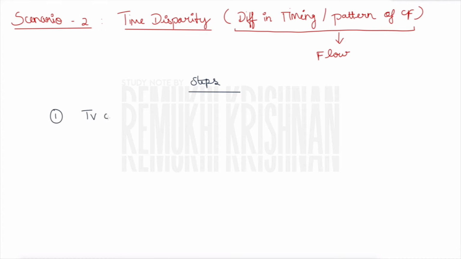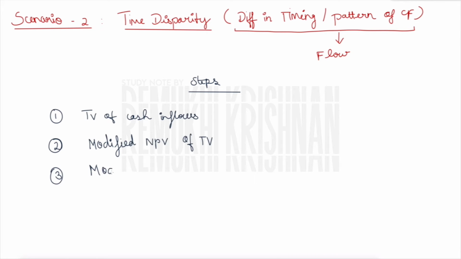So the first step here is that the terminal value of cash inflows is to be found by us. The second step is that the modified net present value of the terminal value is to be computed. Don't worry, modified net present value will be seen in detail in the upcoming videos. Then you have to find the modified IRR, all these three steps.